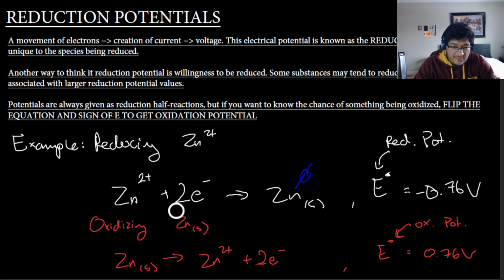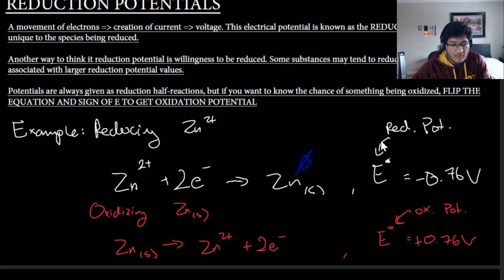Since we reduce Zn2+, we're going to be oxidizing just Zn0, which is just solid zinc. So we flip the equation over here, and we also flip the sign from reduction potential to oxidation potential. So here you see there's a positive sign.